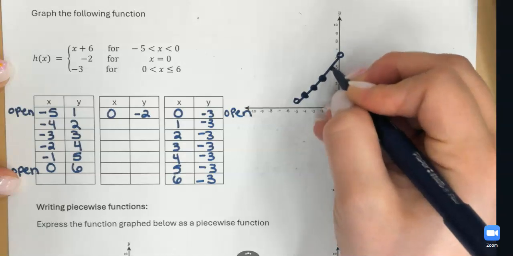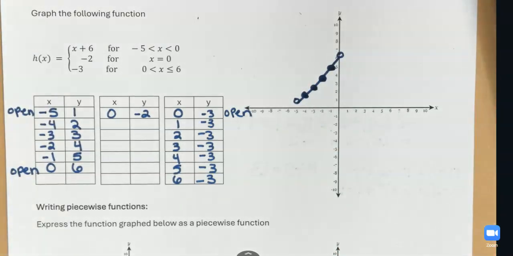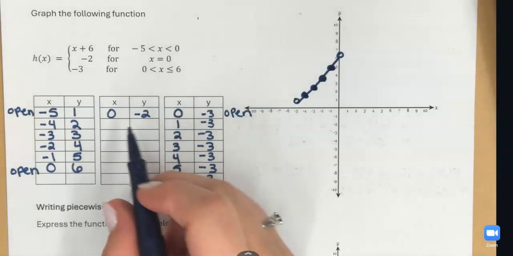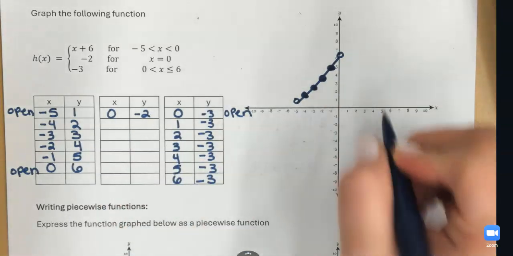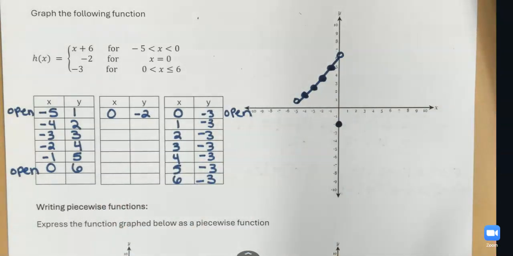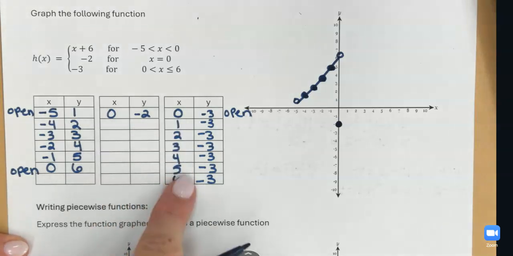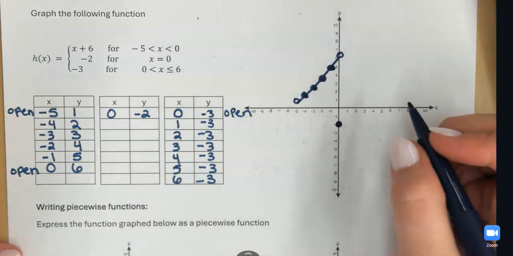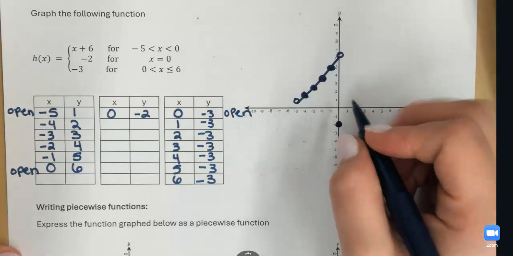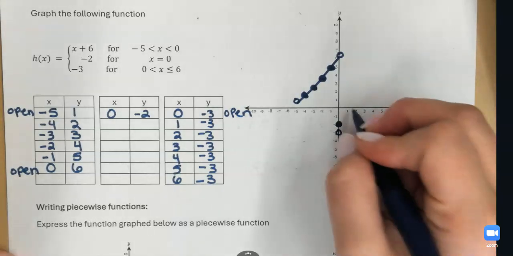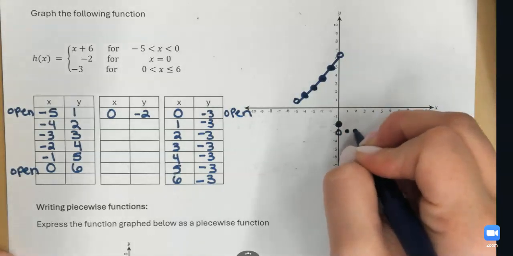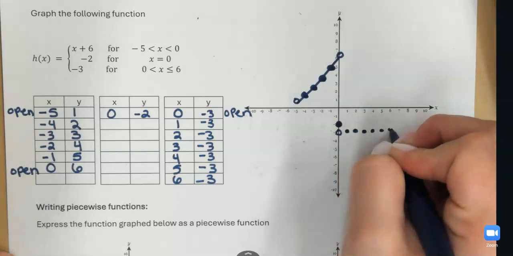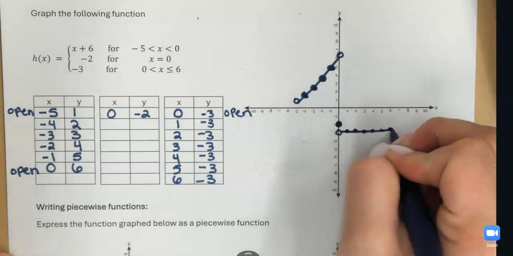Again, my graph printed really light. Okay. Then at 0, -2, I have a point, just 1 point. Then here, again, I have an open circle at 0, -3. And then 1, -3, 2, 3, 4, 5, and 6, and that is where it stops.